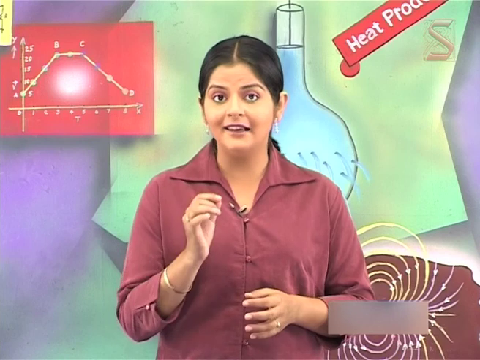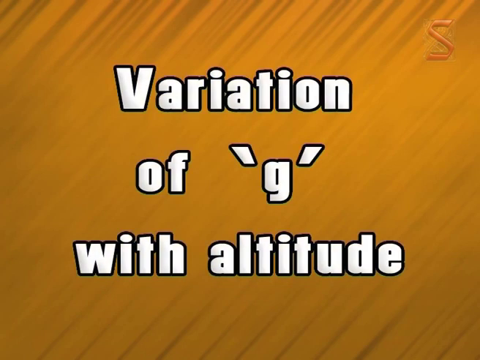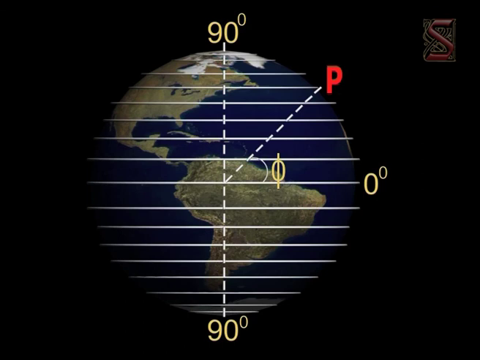While going from equator to poles with the change in latitude angle, the value of g changes. Let us discuss it now. A body of mass m is taken at P on the surface of the earth. P makes an angle phi with the equator at the center of the earth, which is the latitude angle.